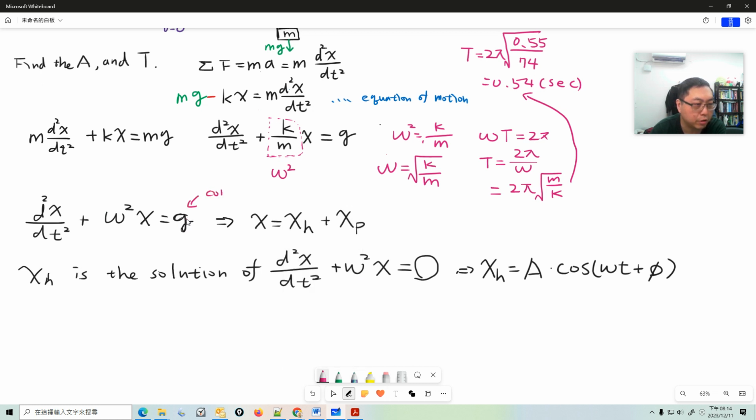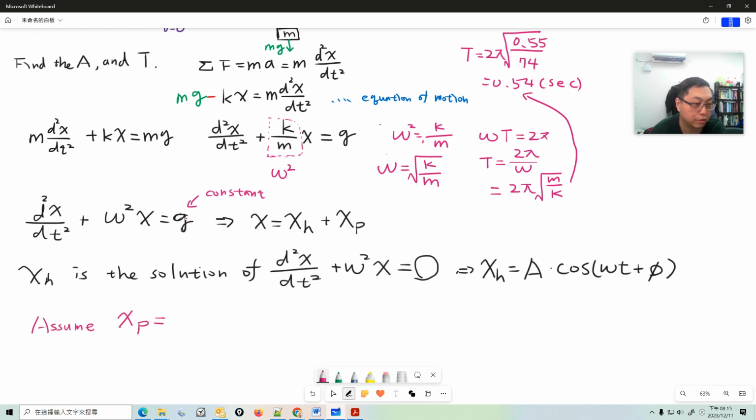When you're solving for the particular solution of a second order ordinary differential equation, the particular solution depends on the forcing term. If the external forcing term is a constant, you just assume your particular solution is also a constant.